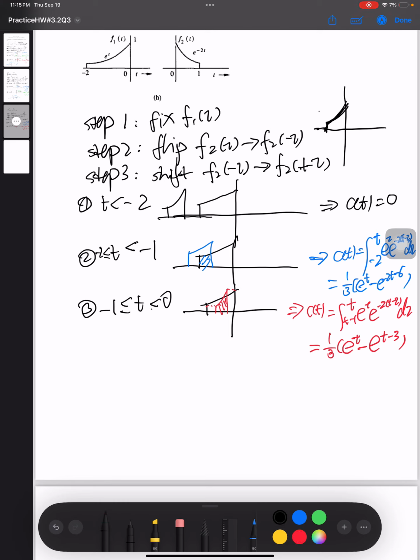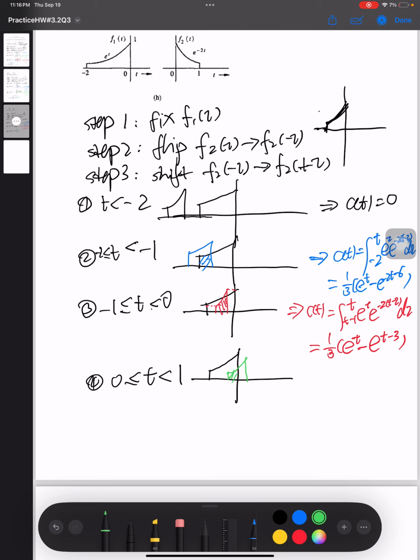And for the fourth, t is larger than or equal to 0 and smaller than 1. When we plot, it's going to look like this.